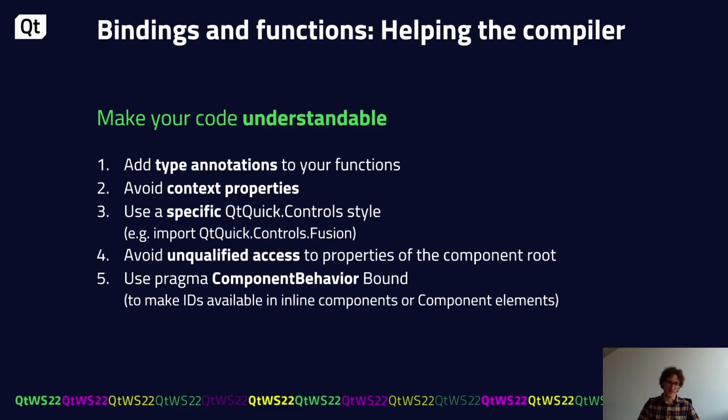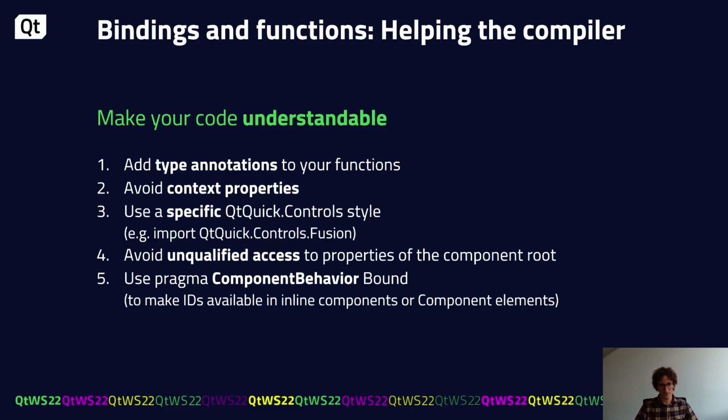When importing that specific style, we know what types will be available at runtime, and at compile time we can generate code that accesses those specific types. However, then you cannot configure your application anymore with Qt quick controls conf, etc. It's then bound to that specific style. What you can do is use QML dir imports to select the style depending on platform at compile time. You can look at my blog series for an example of that.